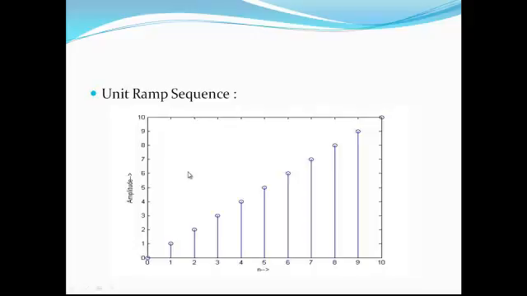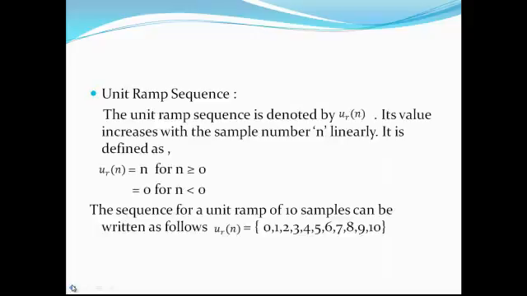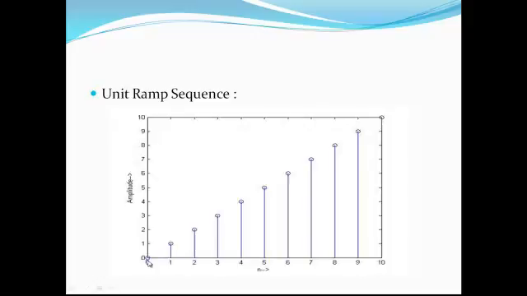So you see, u(2) is equal to 2, at 3 it is 3, at 4 it is 4, at 5 it is 5, at 6 it is 6, at 7 it is 7. For less than 0 it is always 0. At 0 it will be 0, u(0) is 0.